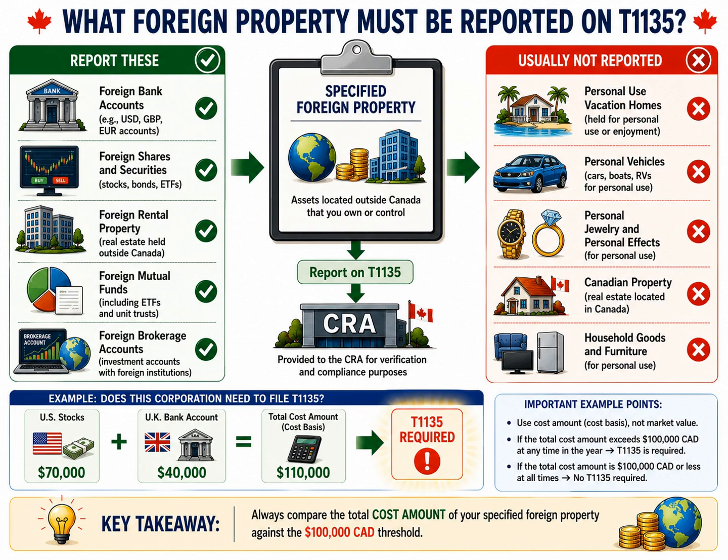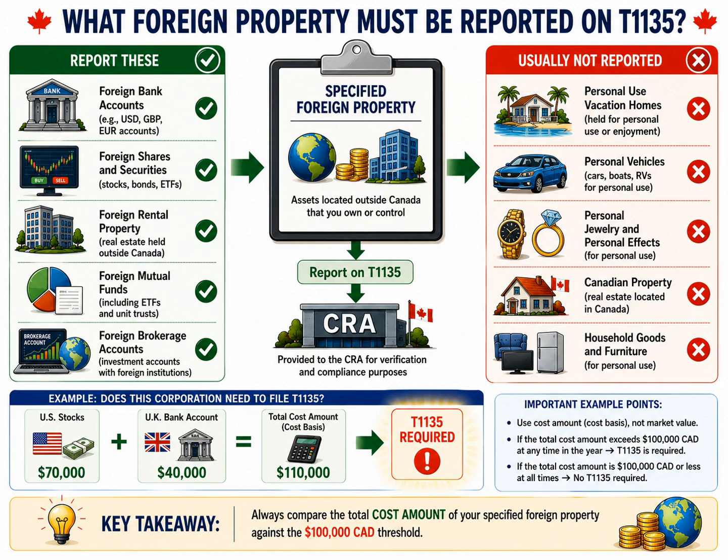Now let's look at the example shown at the bottom of the slide. Suppose a Canadian corporation owns U.S. stocks with a cost amount of $70,000 and also has a bank account in the United Kingdom with a cost amount of $40,000. Together, the total cost amount of the corporation's specified foreign property is 110,000 Canadian dollars.